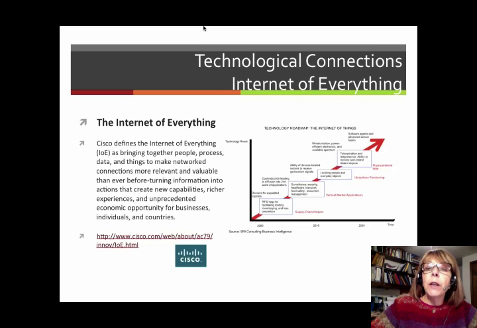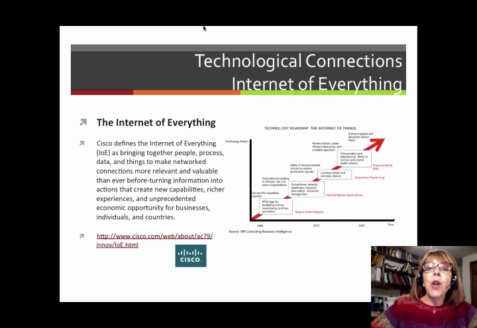The technological connections with the Internet of Everything really have wide-ranging implications, as more devices that have been inert or non-functional in the past can work together, so that your refrigerator can be handled from your cell phone, as one minor example.